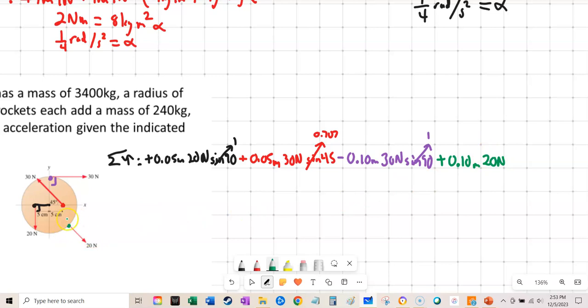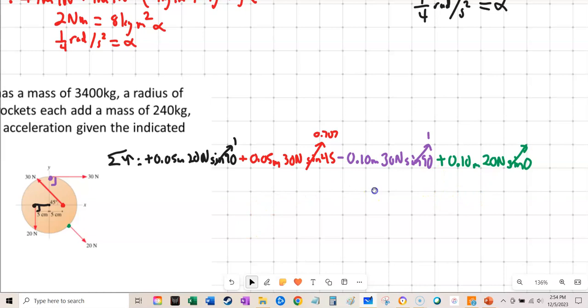But the angle here is sine of 0 degrees, which is just 0. So this whole thing is 0. Green is all just 0. Okay? So that's the sum of the torques. We're going to set that equal to this. We're going to set all of those, and now we're going to sum up the moments of inertia. But I want to do those separately.